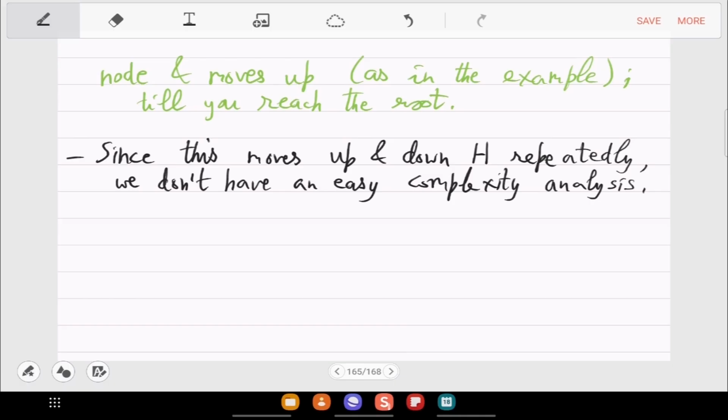So let's do this carefully. We have that picture of Heapify at I. What we claim is that, ultimately we will get linear time, but let us see how.